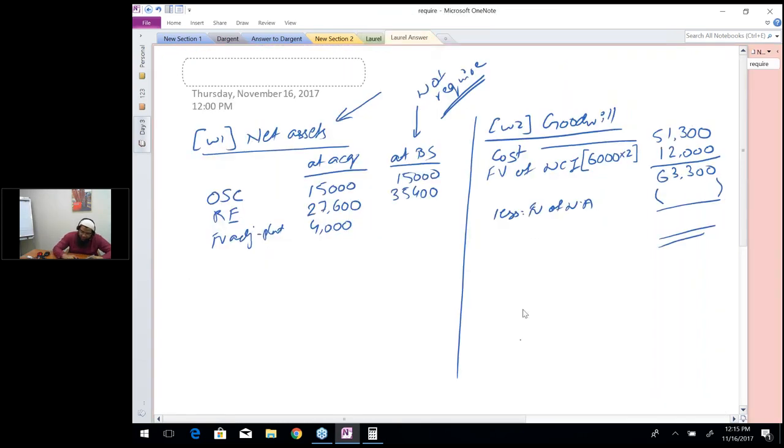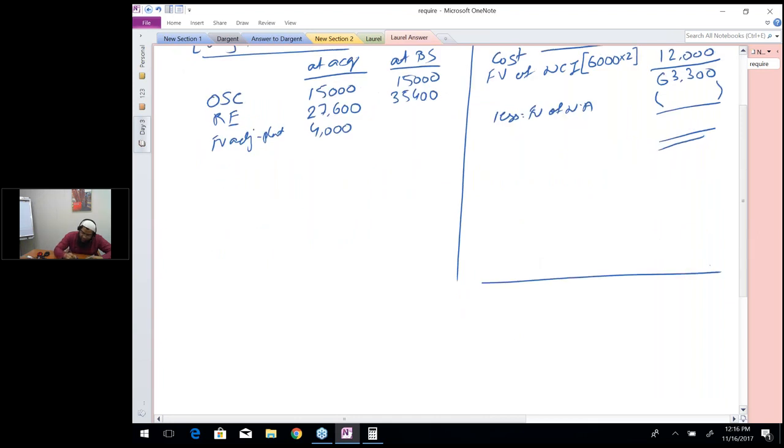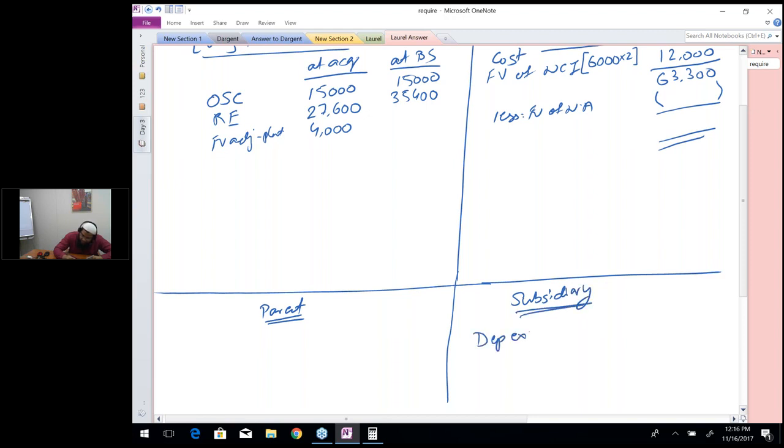So what I can do is write a double entry, and I'm writing it in such a way that parent entries are going to be written over here and subsidiary entries are going to be written over here. So I'm writing depreciation expense, which is going to be recorded in cost of sales. So I'm writing cost of sales debit and property, plant, equipment credit, by 1,500.